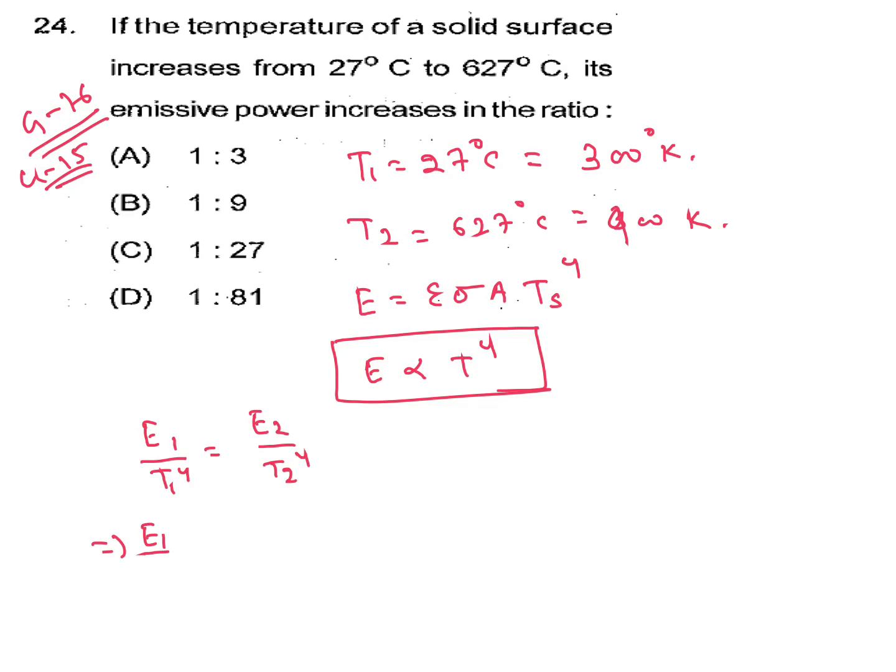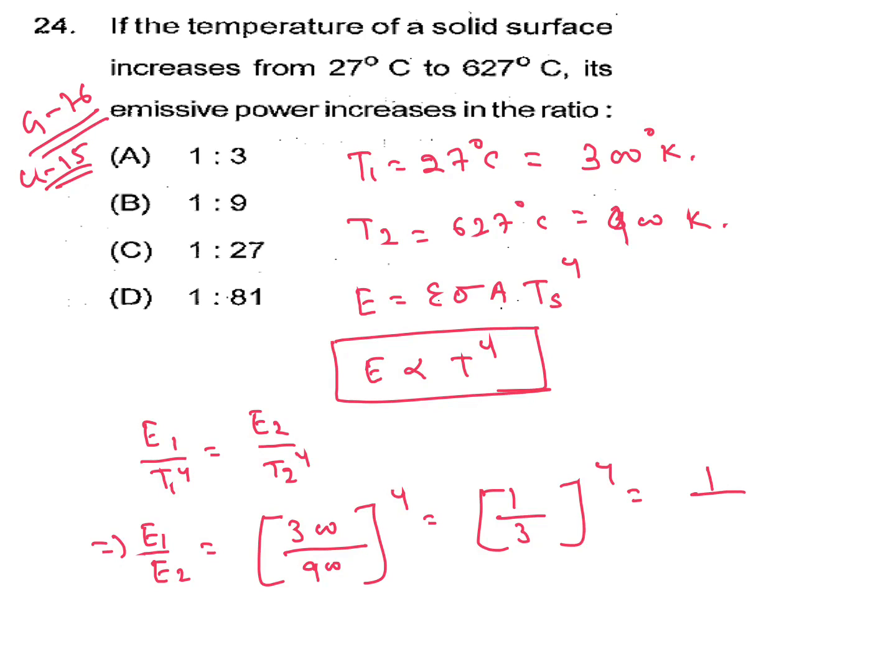E1 by E2 equals T1, 300, divided by 900, whole to the power 4. So 1 by 3 to the power 4, that is 1 to 81. So D is our answer.